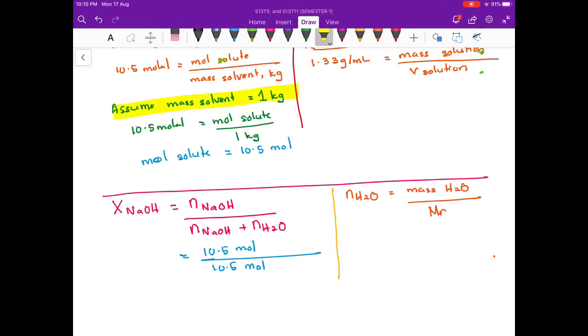We assume that the mass of the solvent is 1 kg, but the formula for number of mole requires mass in gram. We have 1 kg, so we need to convert to gram to become 1000 gram. The molar mass is 18 gram per mole. From here, you can get the number of mole water, which is 55.56 mole.